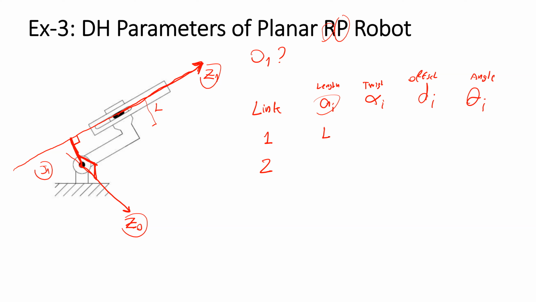How about the link twist? If we want to find the link twist, you need to use the right-hand rule to find the angle difference between Z(i-1) and Zi about Xi. I'm sorry, about Xi.